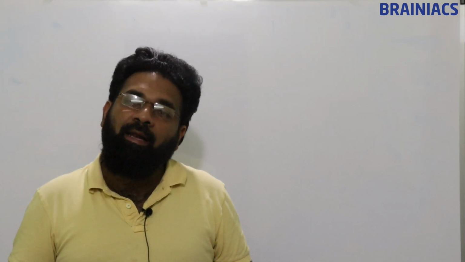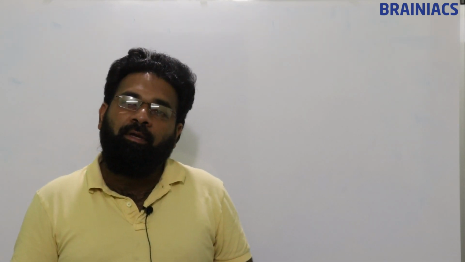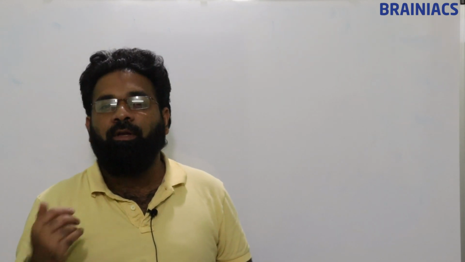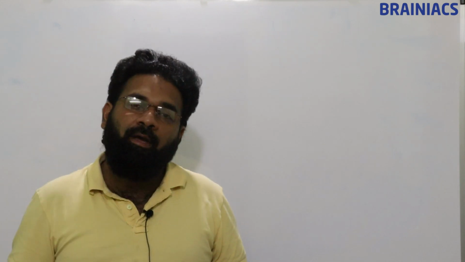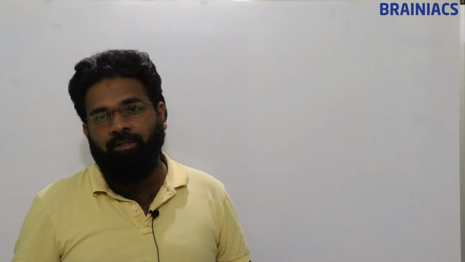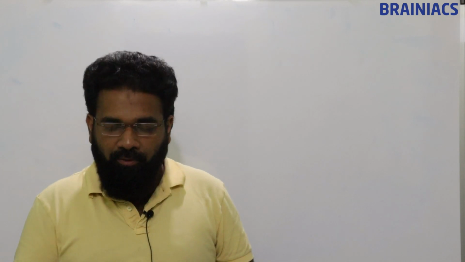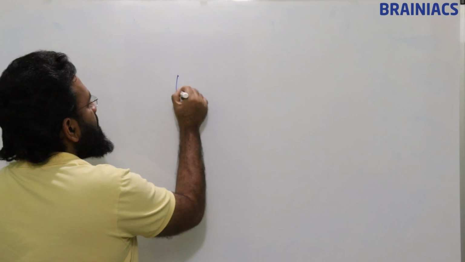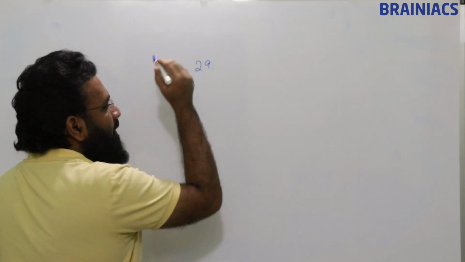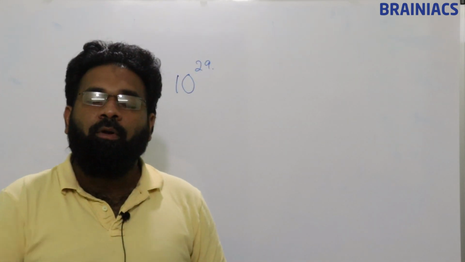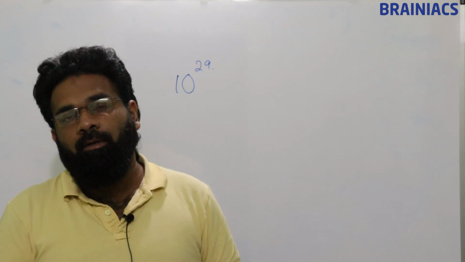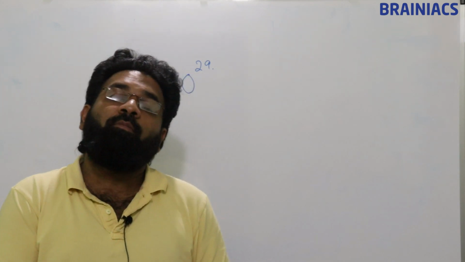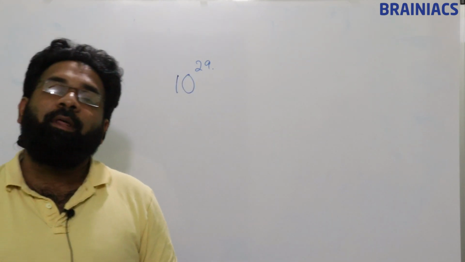Now if we apply an electric field, if we apply a battery, there will be an electric field. Under the influence of the electric field, electrons will drift and move in a particular direction. Actually drift will happen, with around 10 raised to 29 atoms in a small part of a conductor, so that many free electrons will be there.